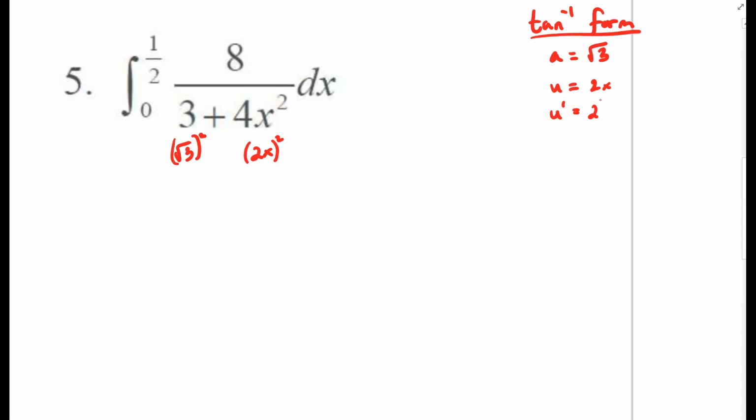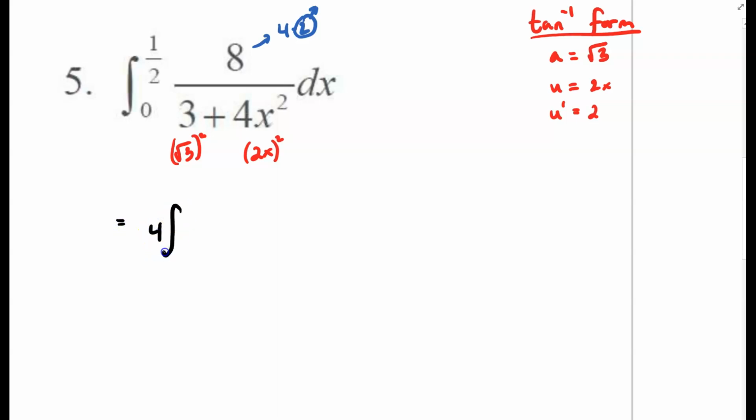Okay, so notice I do have an 8 in the numerator. This 8, we're going to turn into 4 times 2. So the 2, there's your chain, it's going to go away, and we can pull a 4 out front. So let me just go ahead and rewrite this so you can easily see.